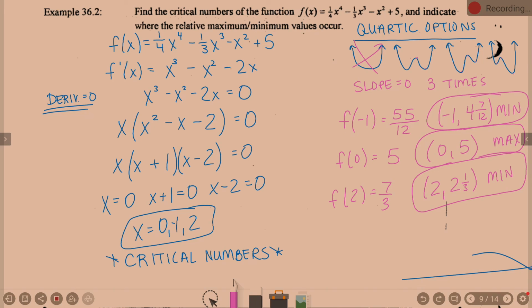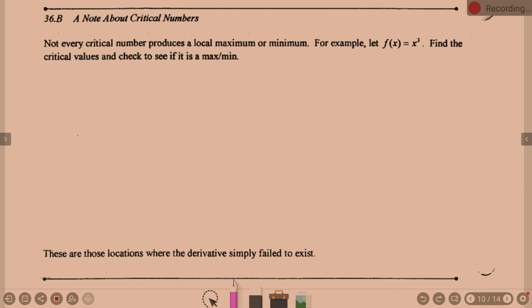Now, this kind of goes along with special cases, but let's look at example 36b here. Not every critical number produces a local max or min. For example, x to the third. If f of x is x to the third, and we're looking for critical numbers, we need to find the derivative.